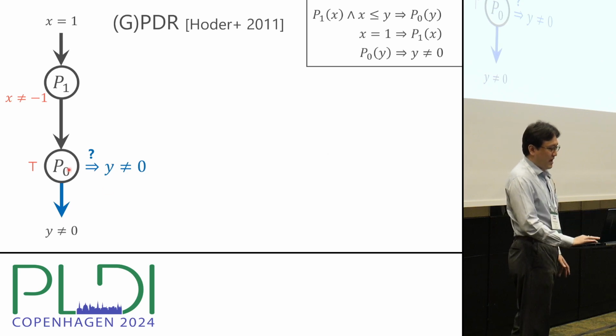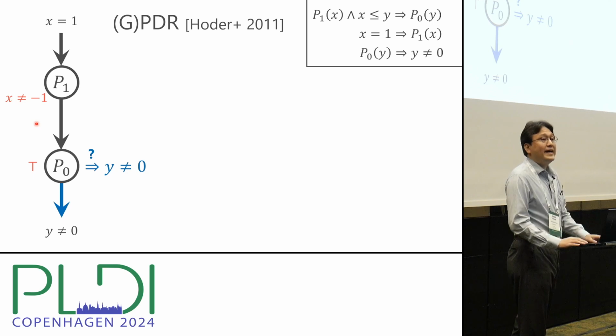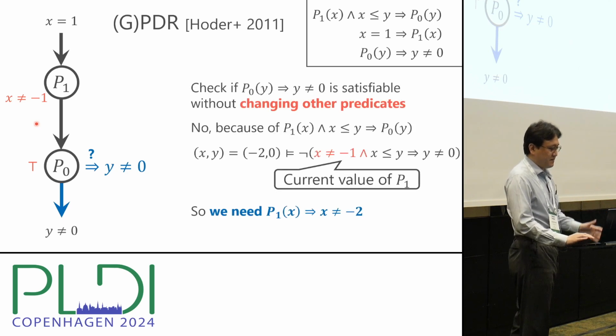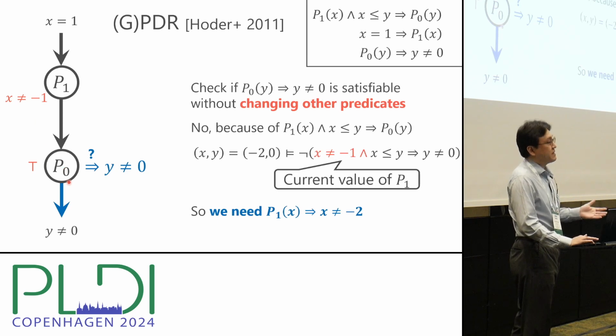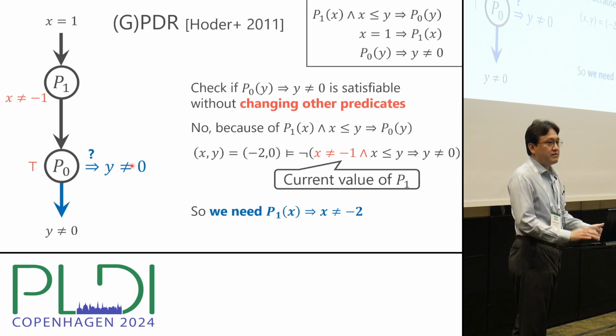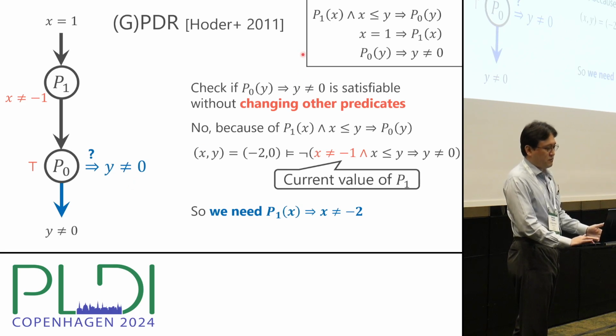Then we now have a new assignment to P1, and we again check if P0 and this request can be resolved locally. And again, it's impossible because P0 is true on -2, and this fact together with the first rule forces P0 to be true on 0.